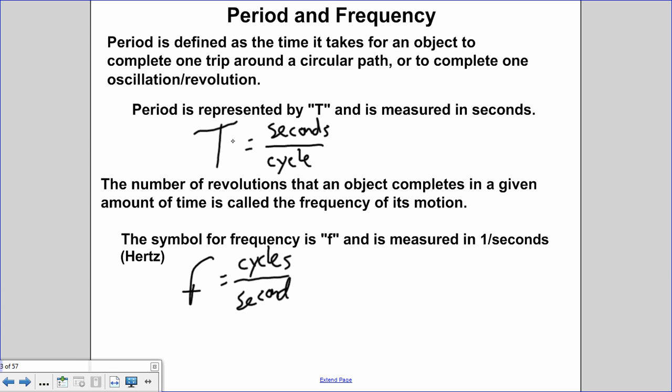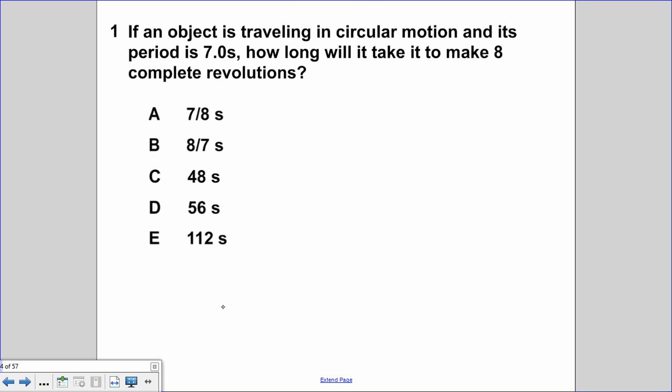Just remember, period is an amount of time that has to be measured in seconds, so it's seconds per cycle. Frequency is 1 over seconds, measured in hertz, and that would be cycles per second. So do not mix those terms up. People do it every year. It doesn't matter if you're in regular physics, AP physics, or you're a freshman. People just always mix those up.